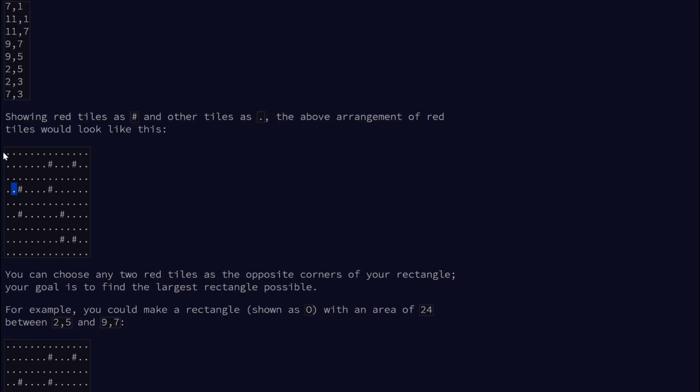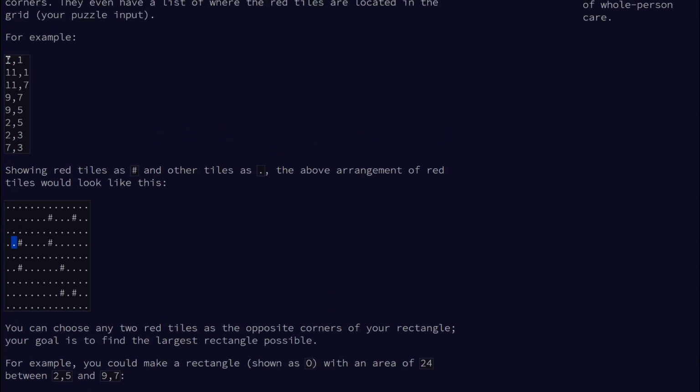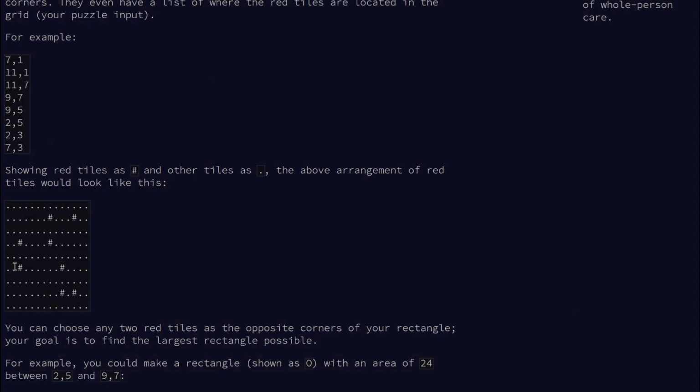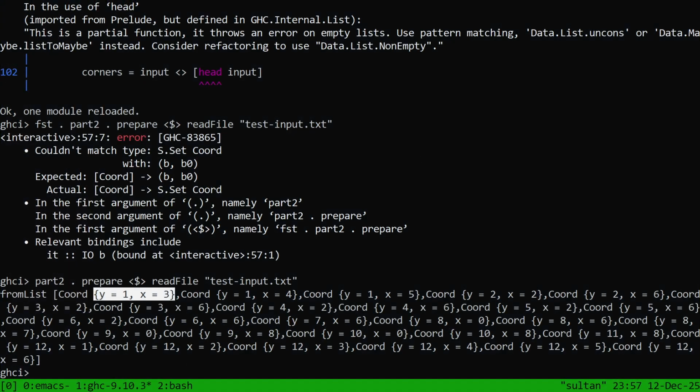So in their coordinate system, this is x1, y1, 2, 3. But I've interpreted the list sideways. So it's y1, x3. Oh, and it happens to be the very first one. Great. And then we have y1, x4, and 5. Yeah, so I've handled this side here. So that looks pretty good.